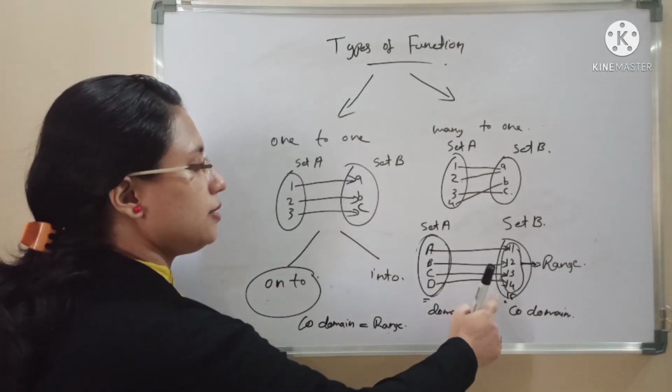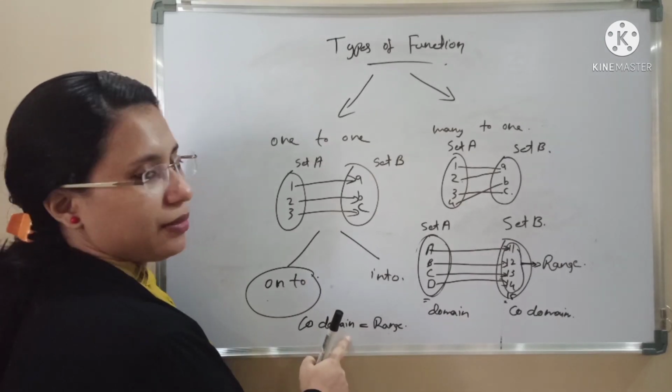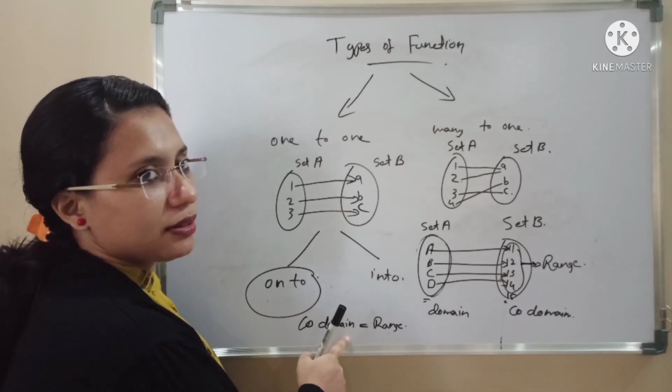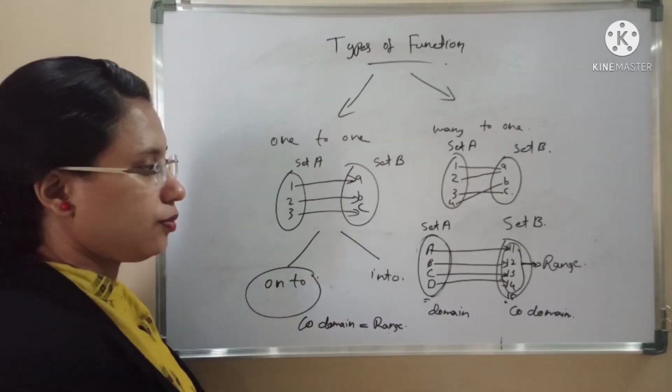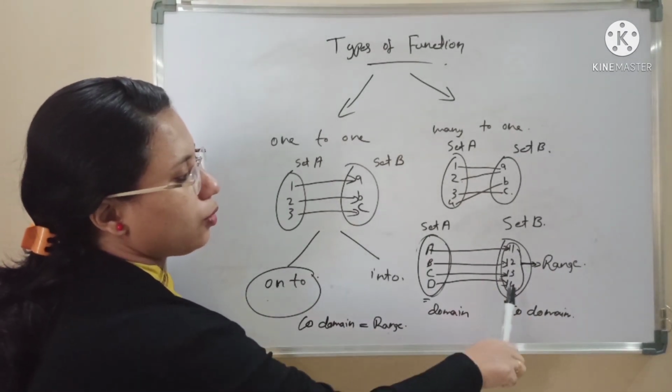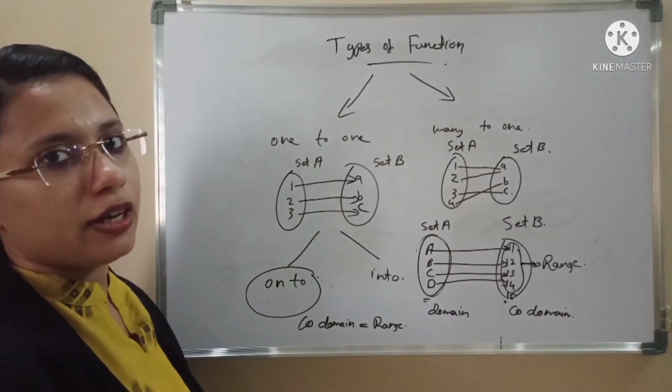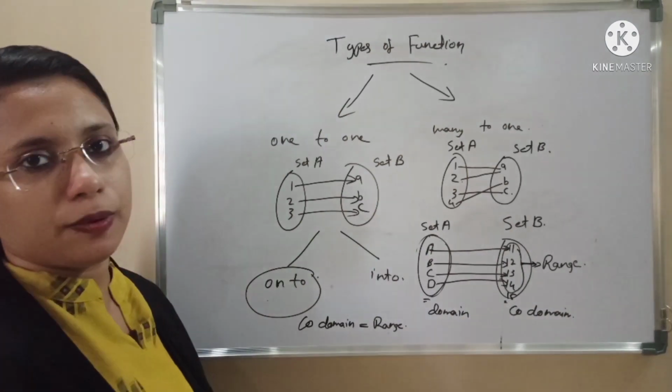So in this case, the number of elements in the codomain is not equal to the range, because the codomain has 5 elements and the range is only 4.